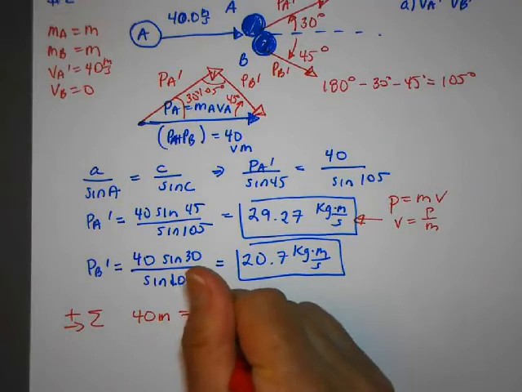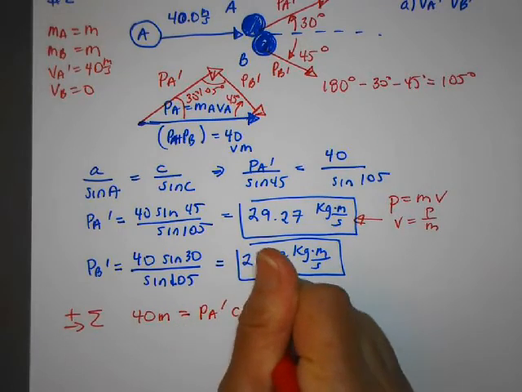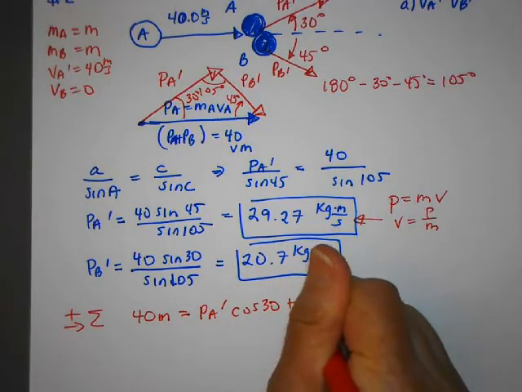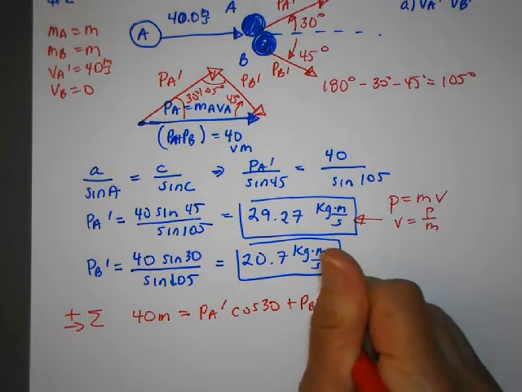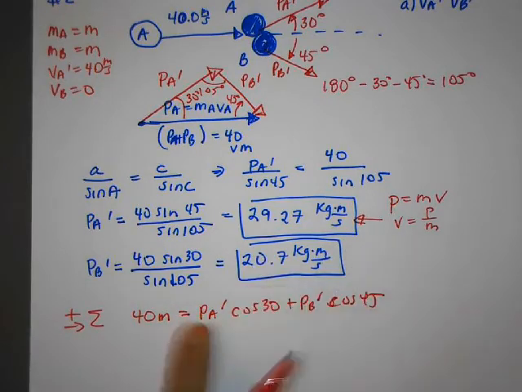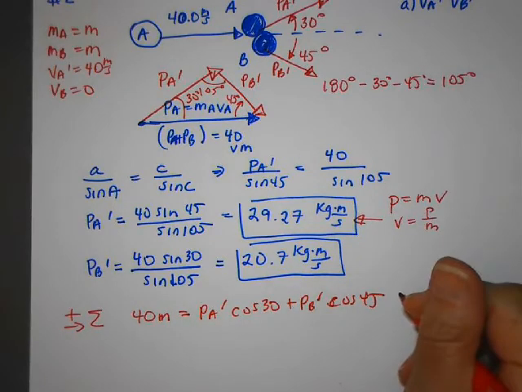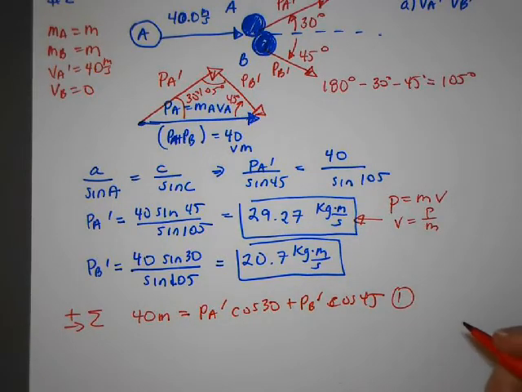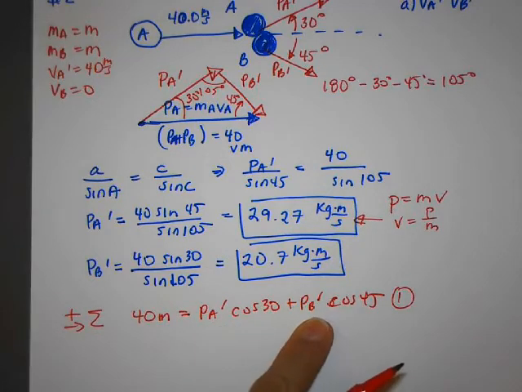So it would be PA prime cosine of 30 plus PB prime cosine of 45, and then I would substitute in all my values. But then I'm still going to have two equations and two unknowns, because I'm going to have PA prime and I'm going to have PB prime.